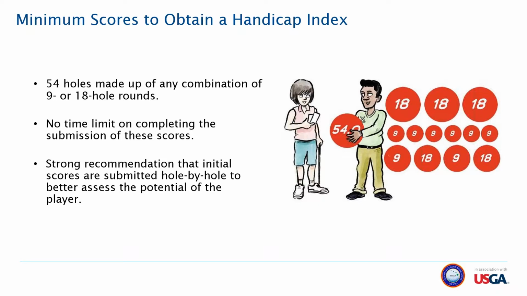Currently, under the USGA handicap system, the requirement is 5 18-hole scores before a player can be issued a handicap index, and it's switching to 54 holes in any combination of 9 or 18 holes. This really stresses the overarching theme of the World Handicap System, which is to become more inclusive, and it will hopefully encourage golfers who play more sporadically to establish and maintain a handicap index.